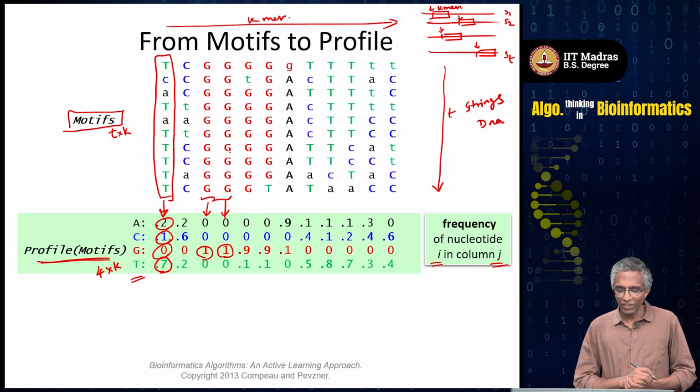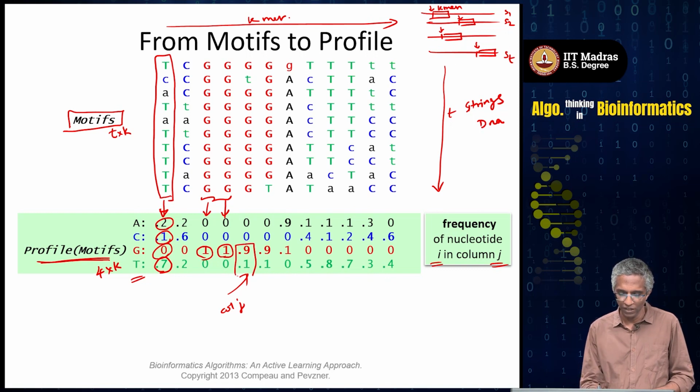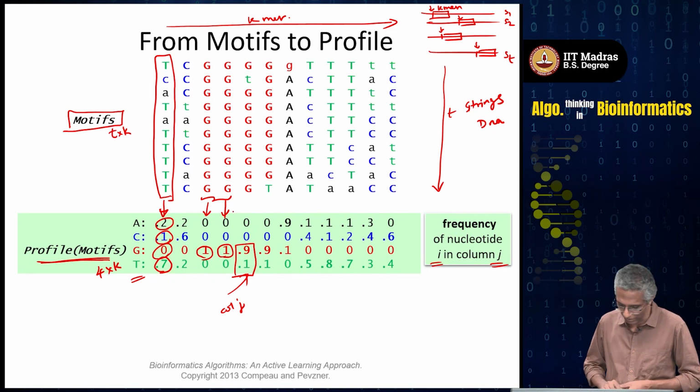So you now have the frequency or the probability of nucleotide I in column J. This is your column J, and this is your nucleotide I, ACGT, and this tells you that this is all G's and there is 1 T. So there is a 90% probability that this is G, and a 10% probability that it is T, okay.